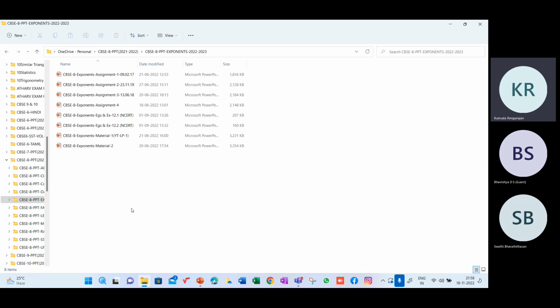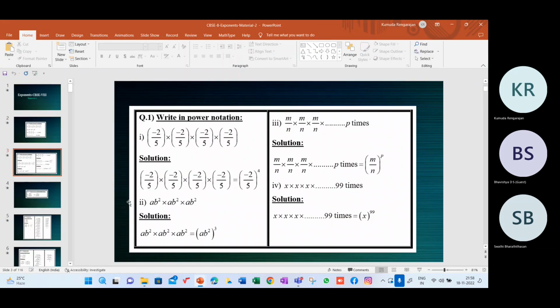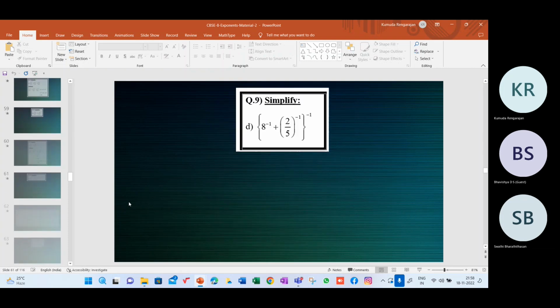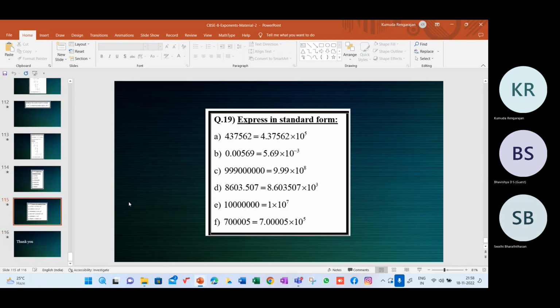I don't remember which material that is. And the story problem.